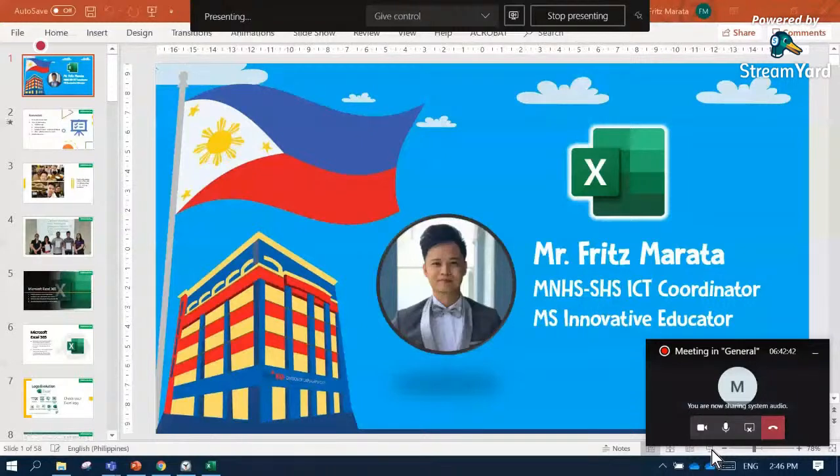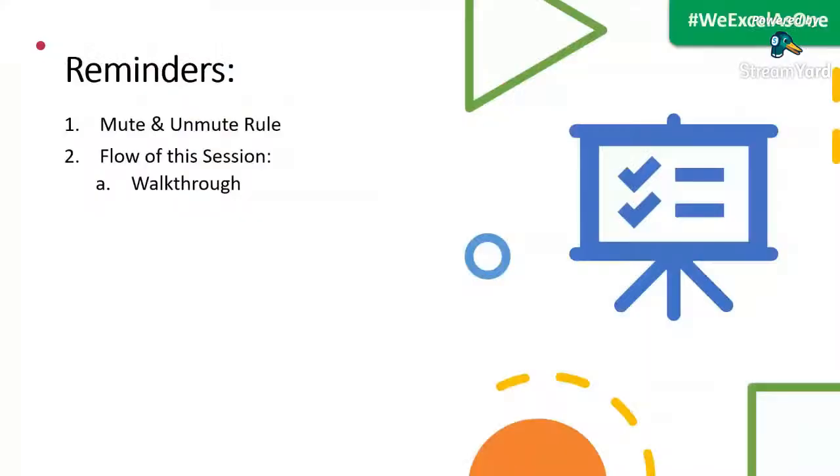I am confident that you already know this rule. The second is the flow of this session. I will first walk you through the steps on how to apply the features that I am going to introduce, and then do the demonstration after. After that is a 5-minute activity, which includes CR breaks.